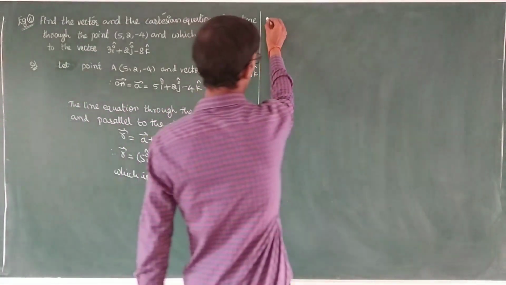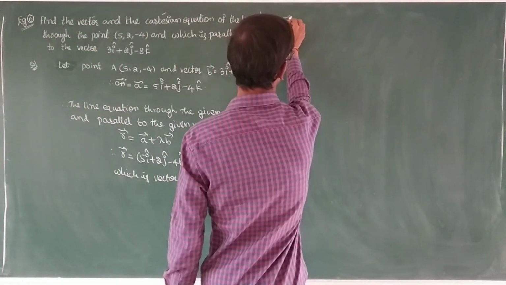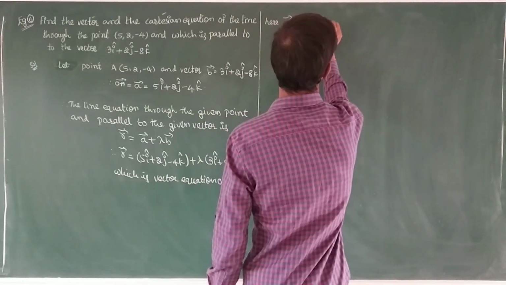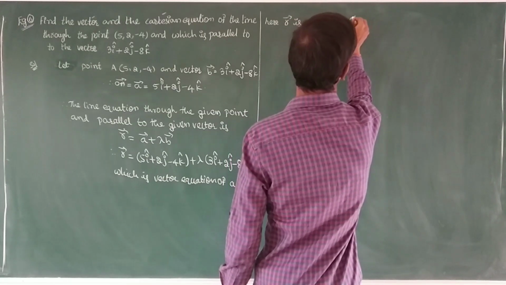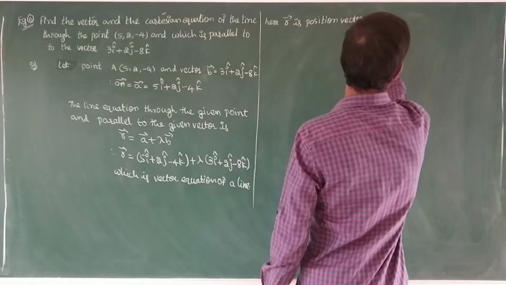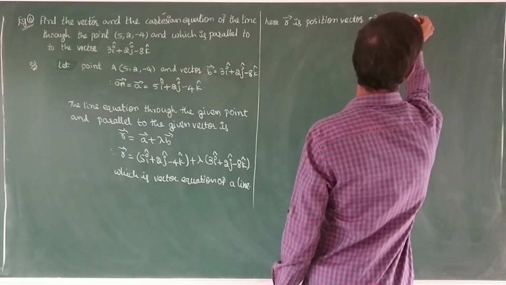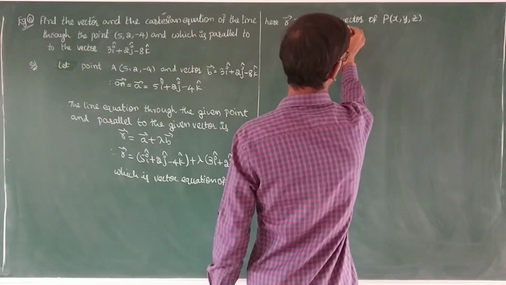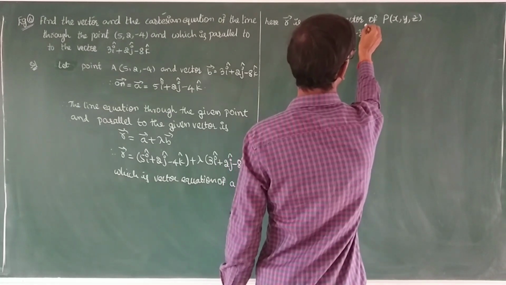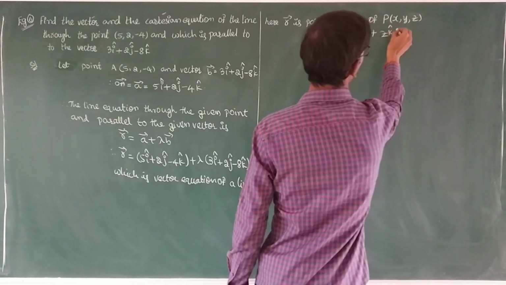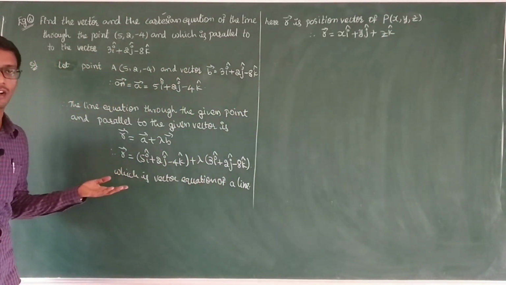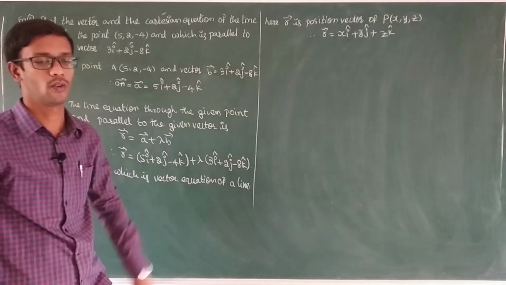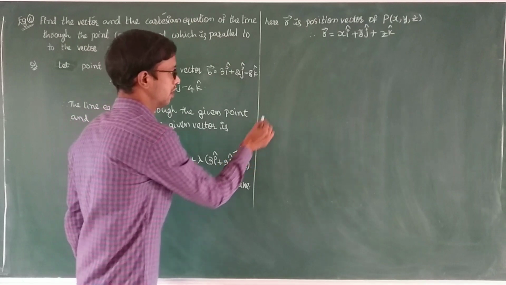Here r bar is the position vector of an arbitrary point P of x comma y comma z. Therefore, r bar is equal to x i cap plus y j cap plus z k cap. So, this is the vector equation completed. For the Cartesian equation, in place of r bar we have to substitute that value. This is equation 1.